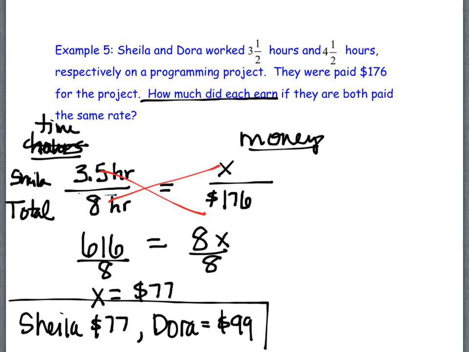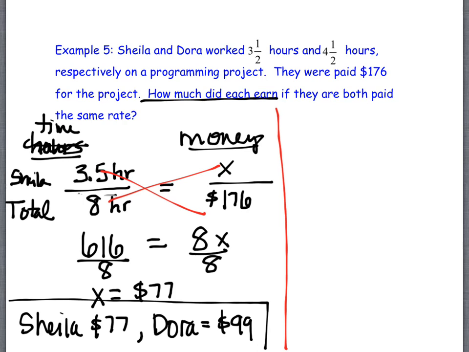Okay, let me show you another way of doing it, just because I want you to see that if we had continued along the path we were working before, there is another option. Remember we had the 3.5 hours and the 4.5 hours? So far so good? We could have still said that X is the amount that Sheila makes.